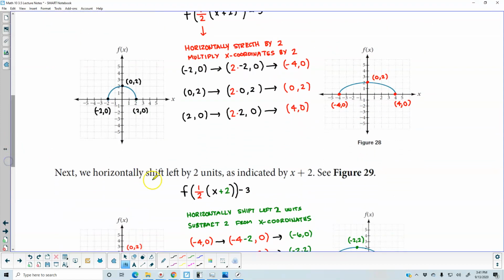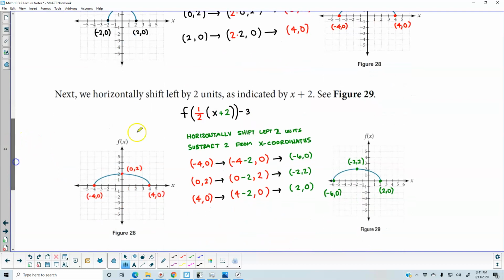Okay, now we can see that we're going to horizontally shift left by 2 units, as indicated by x plus 2. Horizontally shifting left 2 units means that we're going to subtract 2 from the x coordinates.